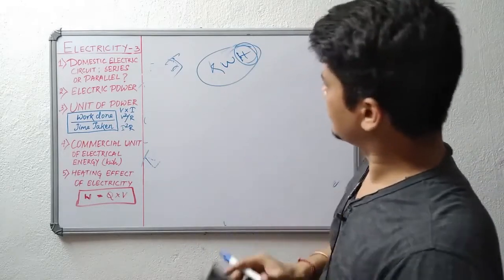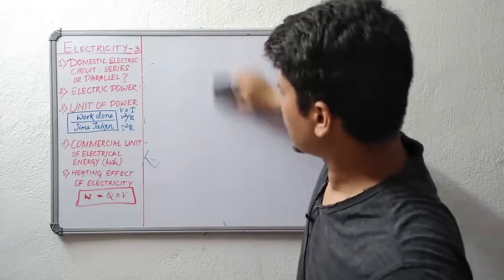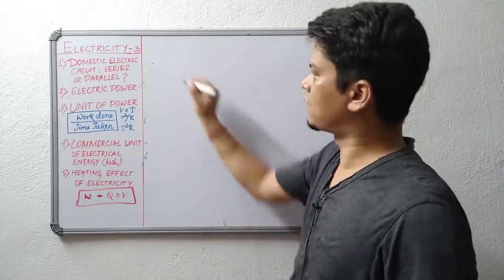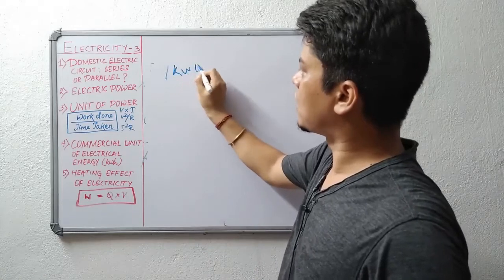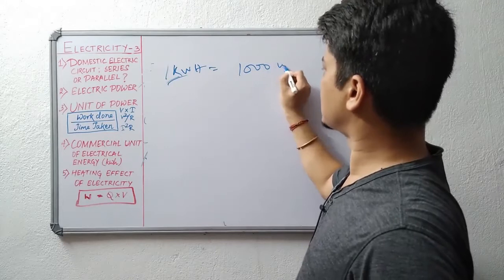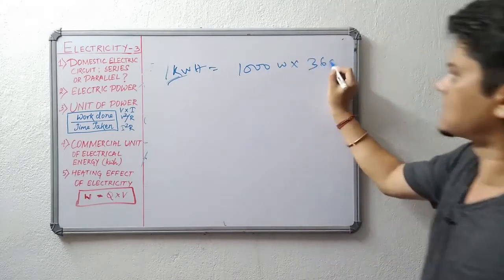So what is the value of 1 kilowatt hour? 1 kilowatt is 1000 watts, into 1 hour, which is 3600 seconds.